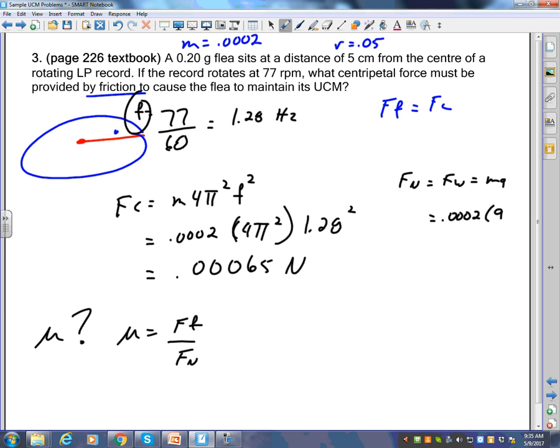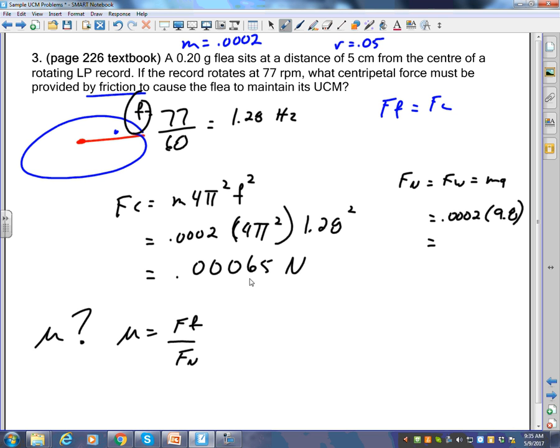0.0002 times 9.8. And now I'm going to need a calculator because I never finished this part. Hi, Pauline. Are you sure? Am I sure? Well, I'm going with this. Did I mess up? I'm going 0.013. Did you do pi squared? Did you do 1.28 squared? Did I forget to put the letter R in the formula? Yes, you did. I did, didn't I?